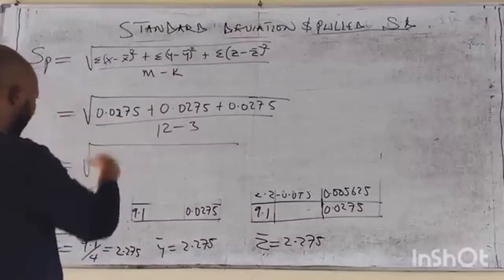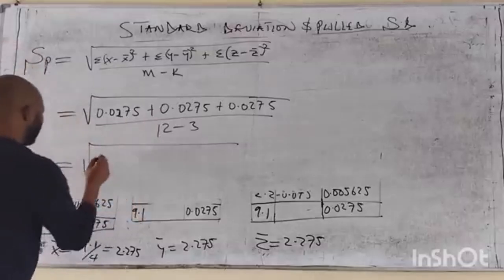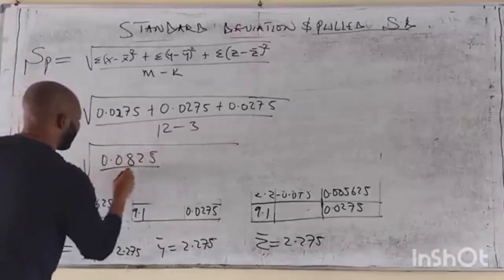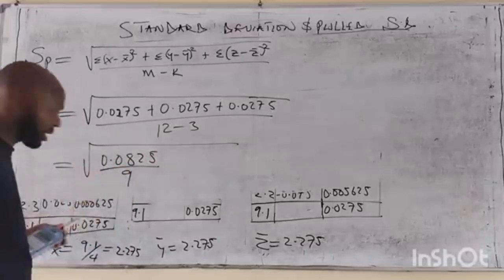If you multiply that by 3, you have 0.0825 over 9. Calculate this now.